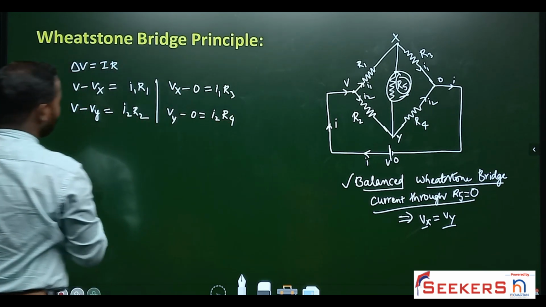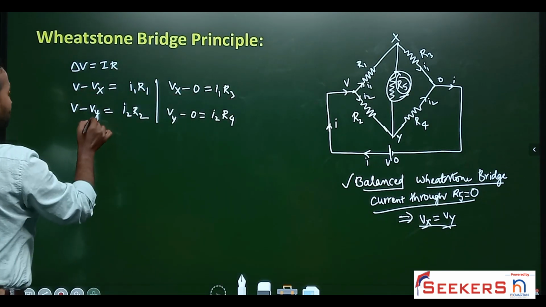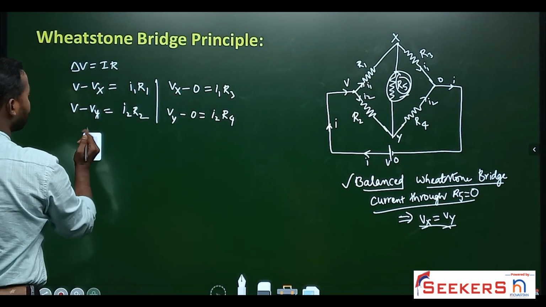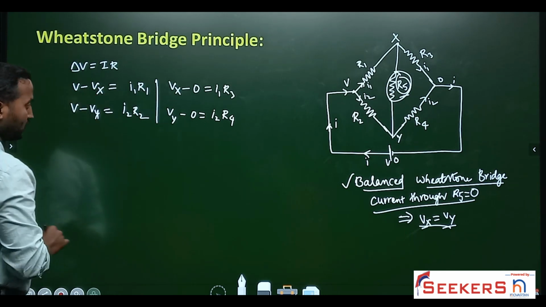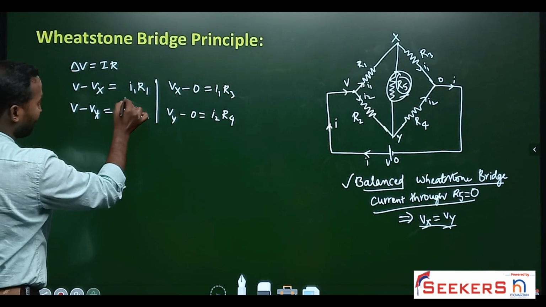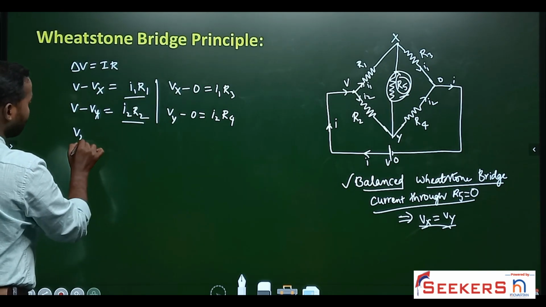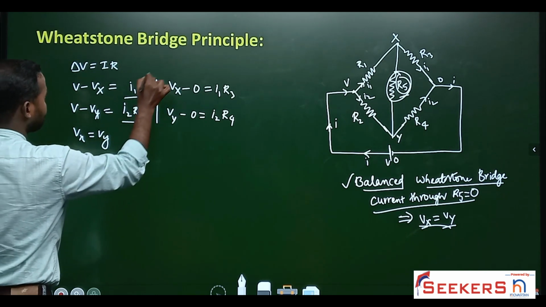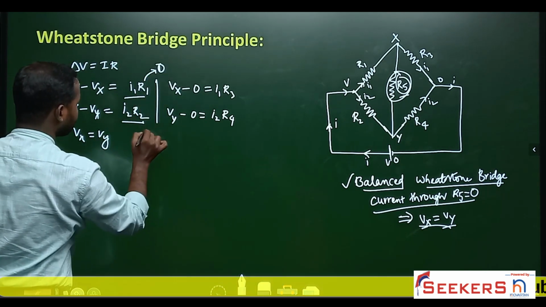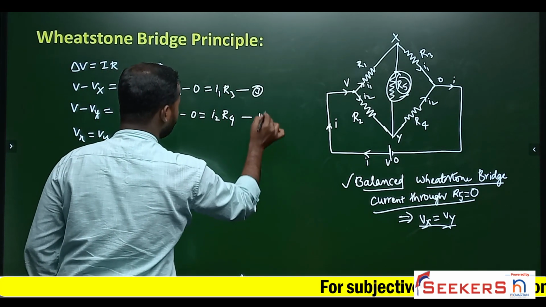Now since Vx is equal to Vy, this potential and this potential will be the same. Can I say then V minus Vx is equal to V minus Vy? Then I can equate these two things. Let me call these equation 1, equation 2, equation 3, equation 4.